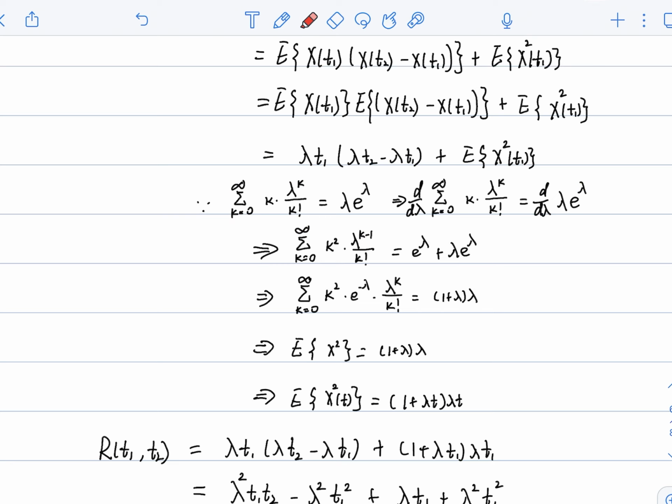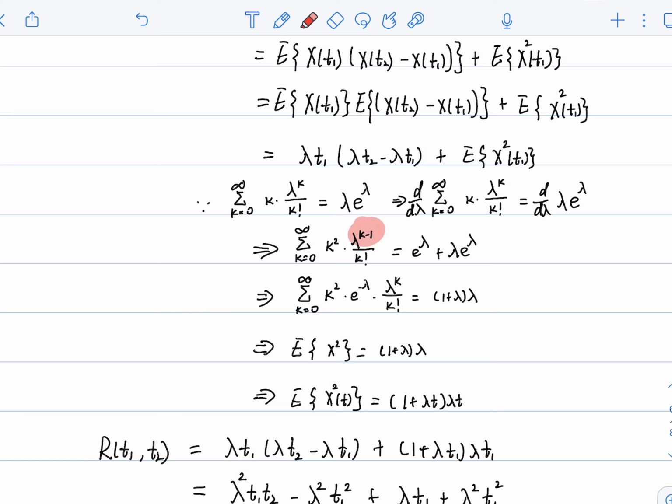So we can take the derivative with respect to lambda, and the left part is equal to this. The derivative of this is equal to this, a function of lambda, the derivative times e to the power of lambda.